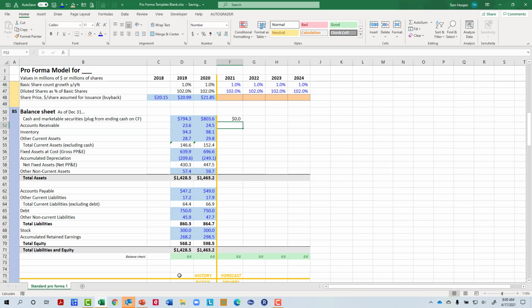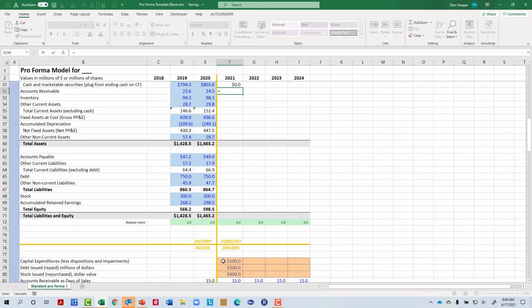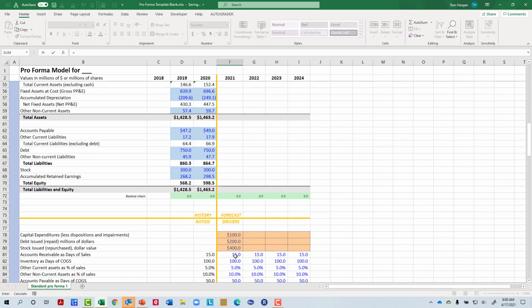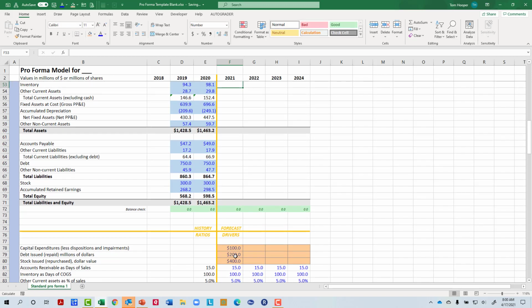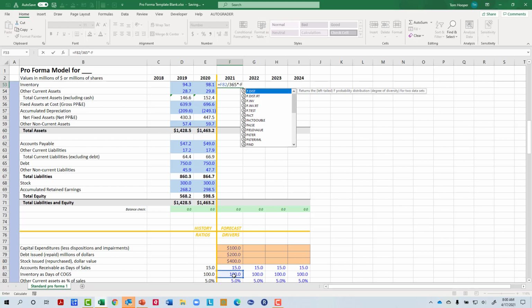Our accounts receivable, if they were in days of sales, then we'll take the days of sales, divide it by 365 to get years of sales, and then multiply it by F15 for sales. And then the inventory, same thing. We'll take the days of cost of goods sold, divide by 365 times the negative cost of goods sold, which is on F16.